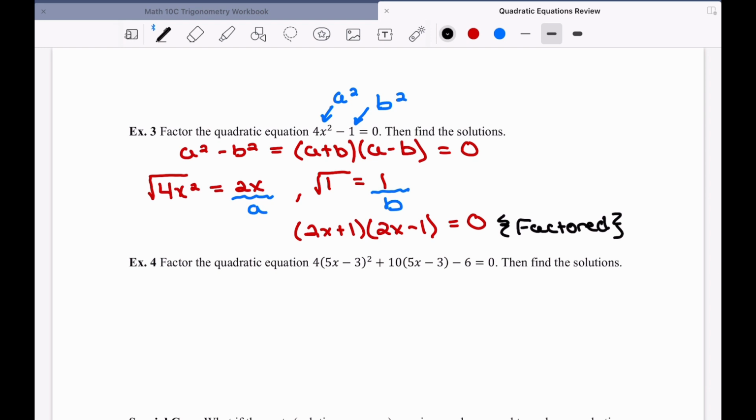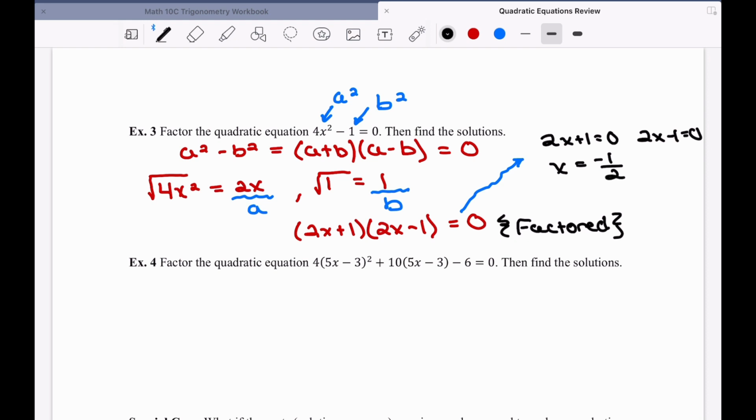So we've factored the quadratic equation. Now we need to find the solutions. Well, we're just going to do the exact same thing as we've done before. We're going to take this equation here, set each of the factors equal to 0, and then solve for the x values. On the first one, 2x plus 1 equals 0. If I move the 1 over and then divide by 2, I'm going to get x is equal to negative 1/2.